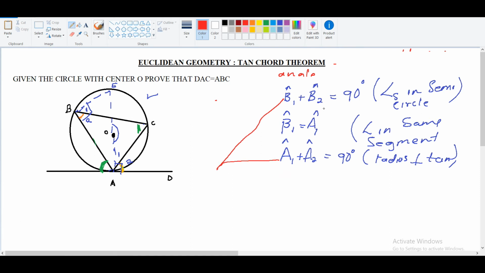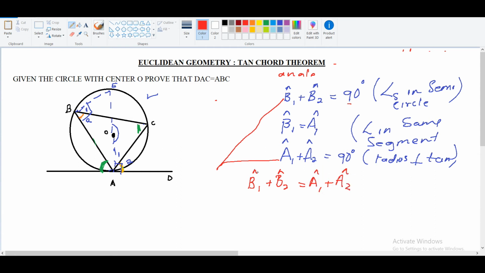B1 plus B2 is equal to 90, and A1 plus A2 is equal to 90. If me and you are equal to the same thing, that means me and you are also equal. So this implies that B1 plus B2 is equal to A1 plus A2.